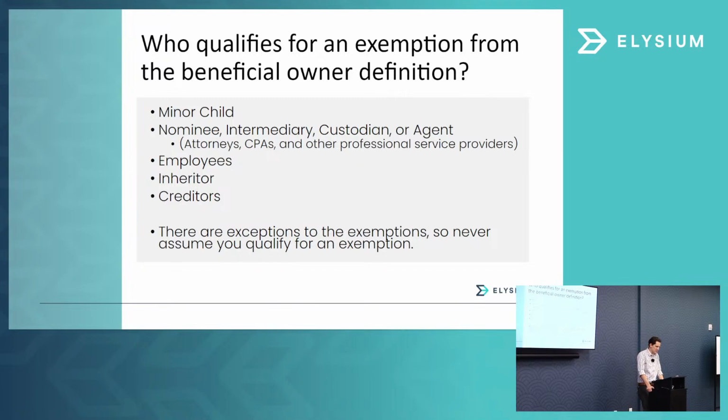Nominees, intermediaries, custodians, or agents: people who might have a lot of influence over certain business decisions and a lot of authority or control, but they're only doing it on behalf of someone. The example I have for that is a client I help out on the estate planning side, with a pretty significant net worth.